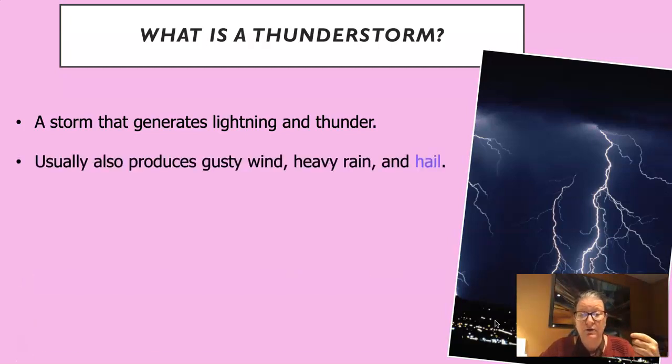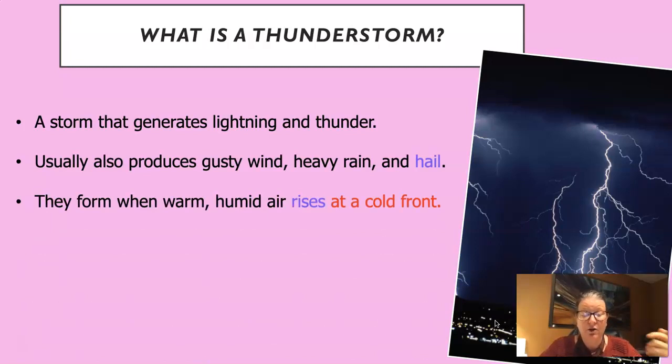Hail is also produced during thunderstorms. Remember, I talked about precipitation. And hail is the only frozen water precipitation that's not associated with winter. Hail is a springtime precipitation because it's associated with thunderstorms, and thunderstorms tend to happen in the springtime when we have these mid-latitude cyclones that generate thunderstorms.